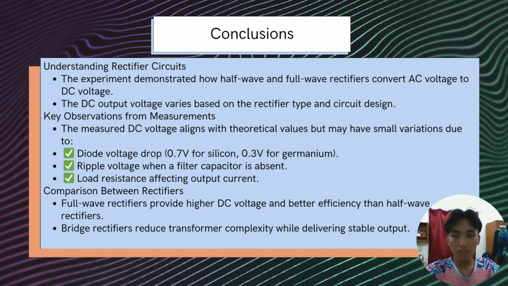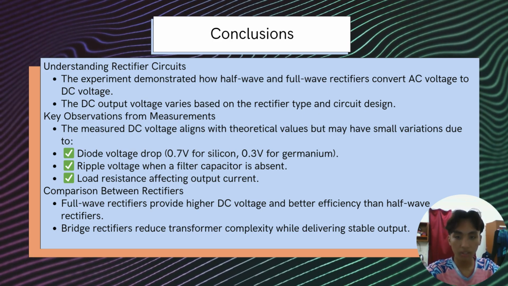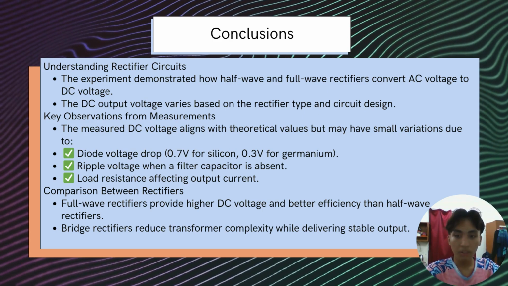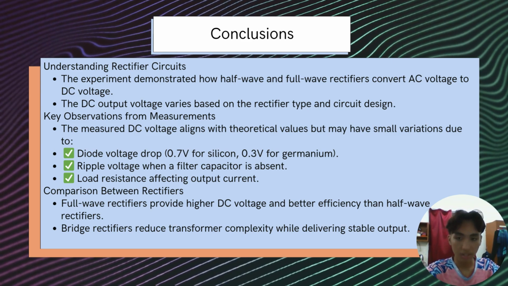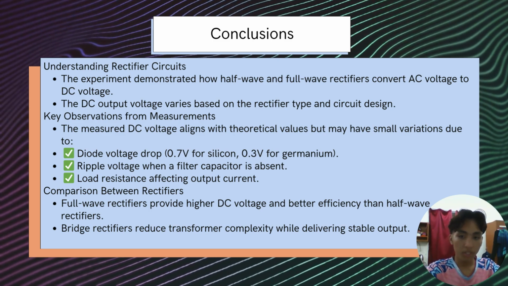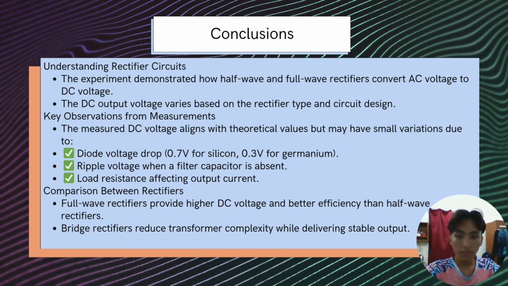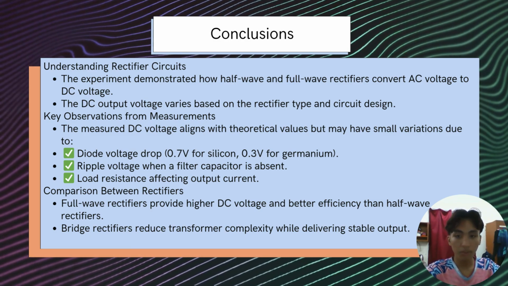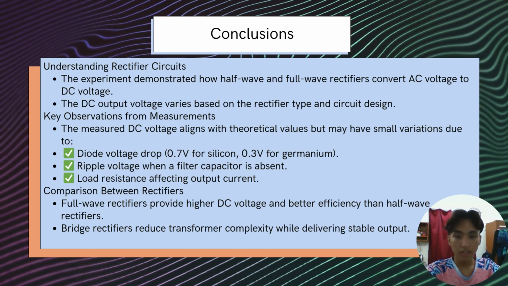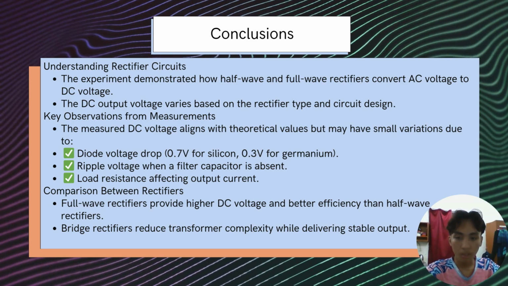The measured DC voltage values closely match the theoretical predictions, with minor variations due to factors such as diode voltage drop, ripple voltage, and the impact of load resistance. This variation highlights the importance of component selection and circuit design in achieving stable DC output.